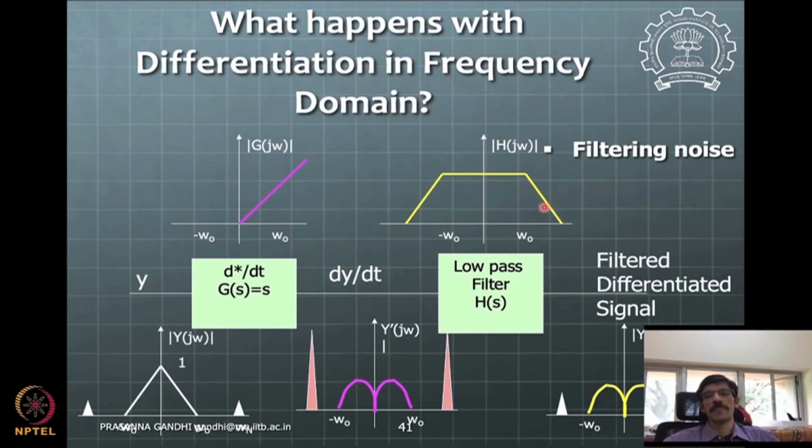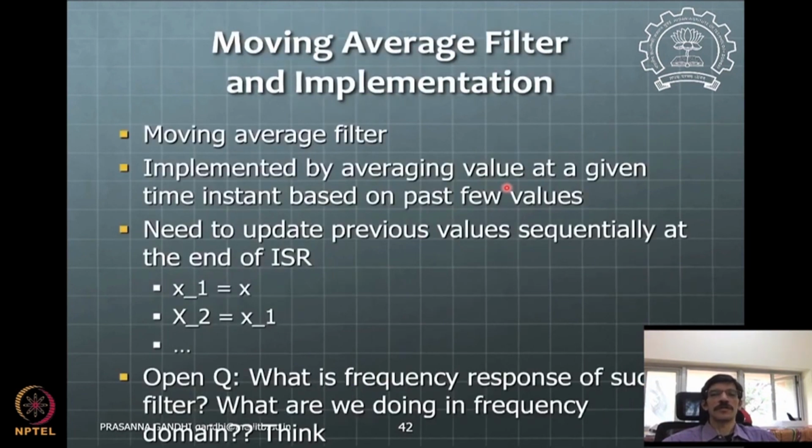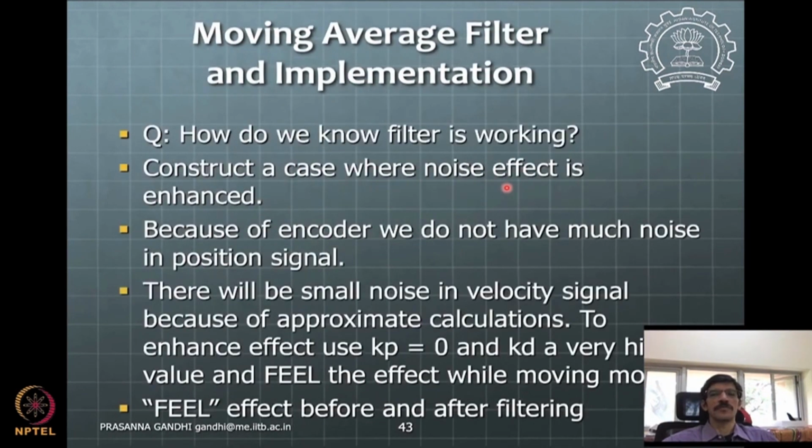You can have a second order filter, or larger order filters, where a sharper and sharper cutoff will happen. Instead of going down in a gradual slope, it will go down fast. Okay, that will be a higher order filter.